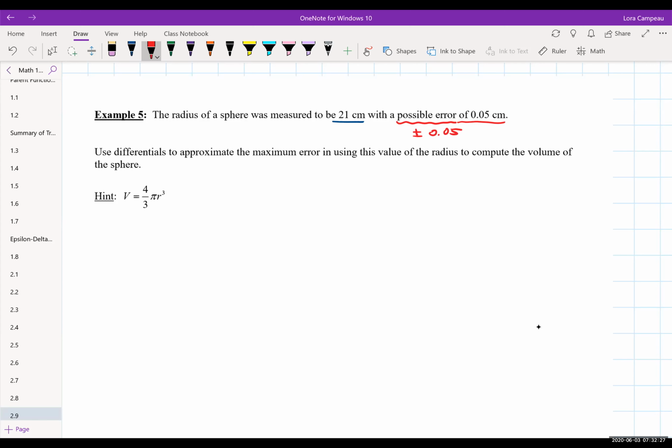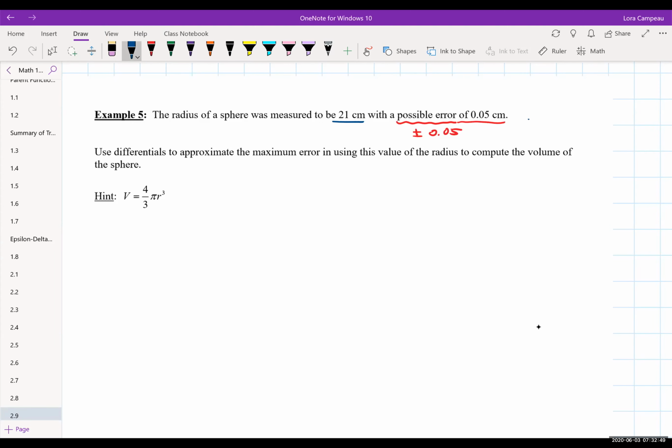So the actual radius is 21 centimeters plus 0.05 and 21 centimeters minus 0.05.